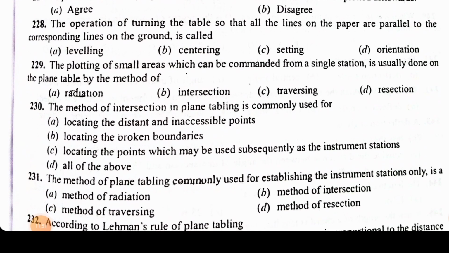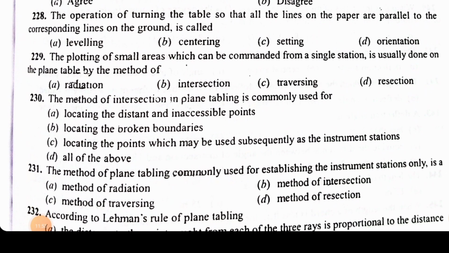128 नंबर क्वेश्चन देखो. The operation of turning the table so that all the lines on the paper are parallel to the corresponding lines on the ground is called orientation.